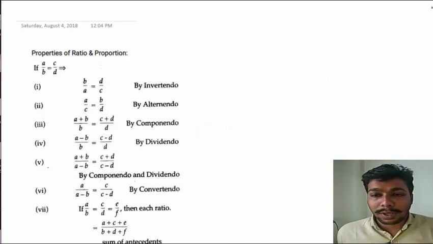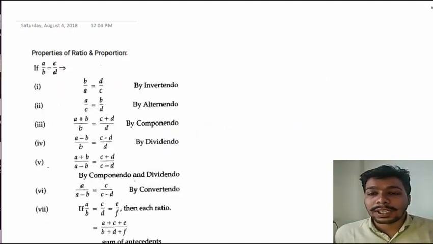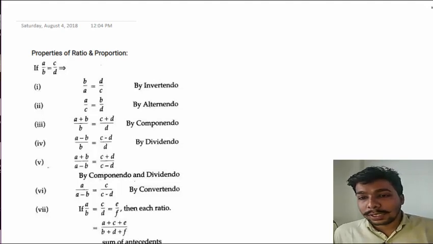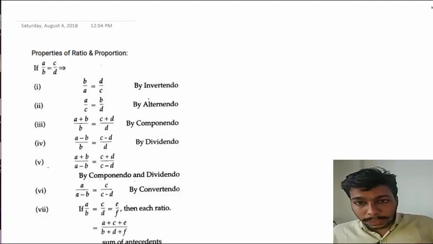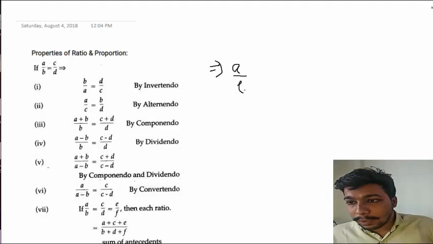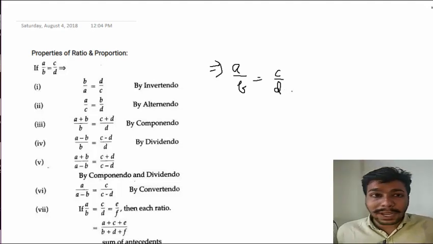Now we have several laws which you have studied, I think, in earlier classes also. That is invertendo. Now what is invertendo? Suppose we have ratios A by B and C by D. So what do you mean by invert?